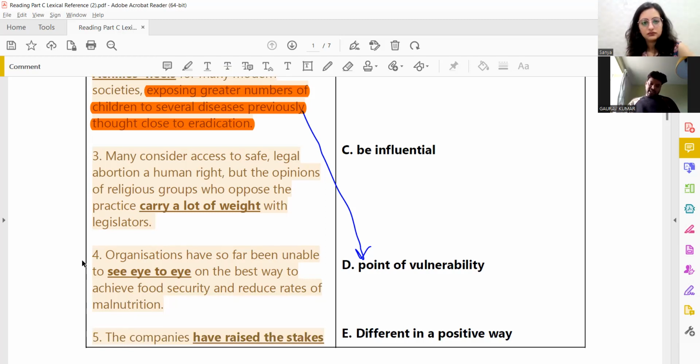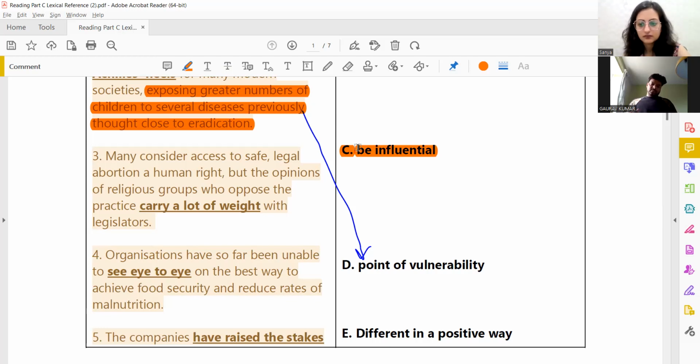Many consider access to safe legal abortion a human right, but the opinions of religious groups that oppose the practice carry a lot of weight with legislatures. I think it's just influential. Yes, that's right. Why do you think it's influential? Because it's talking about the religious group who opposes.